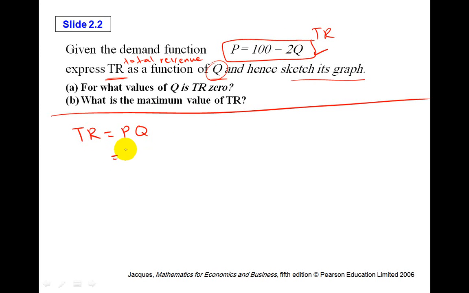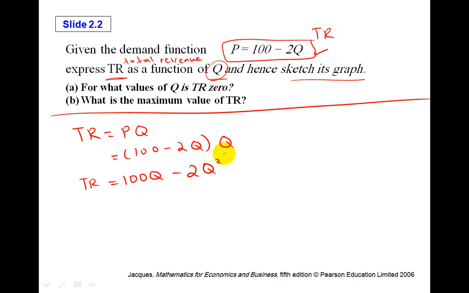It's given here. 100 minus 2Q multiplied by Q. So open the bracket, it will be 100Q minus 2Q squared. So now you can see that here it's a non-linear equation because here you have Q squared. Now here TR is already expressed in terms of the Q.